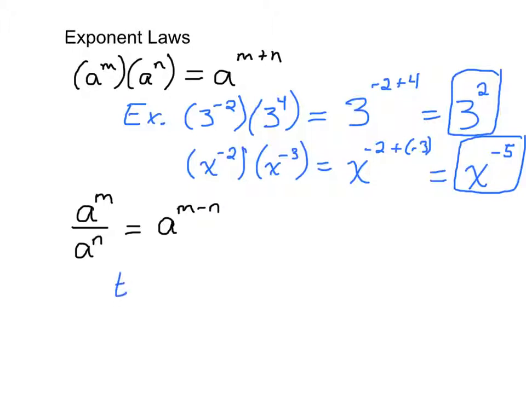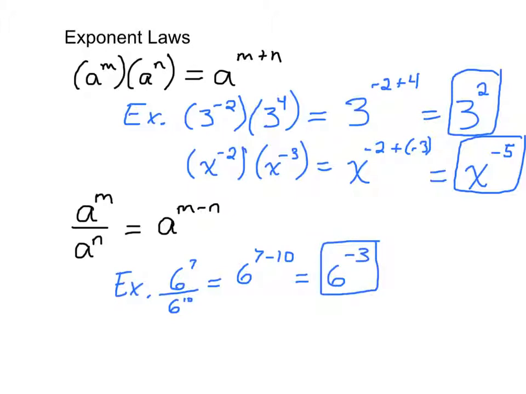For example, if you have 6 to the power of 7 divided by 6 to the power of 10, and you want to simplify that into one power, we can do that because we have two powers that have the same base. So we'll keep the same base and subtract the exponents, and you will get 6 to the power of negative 3. 7 minus 10 is negative 3.